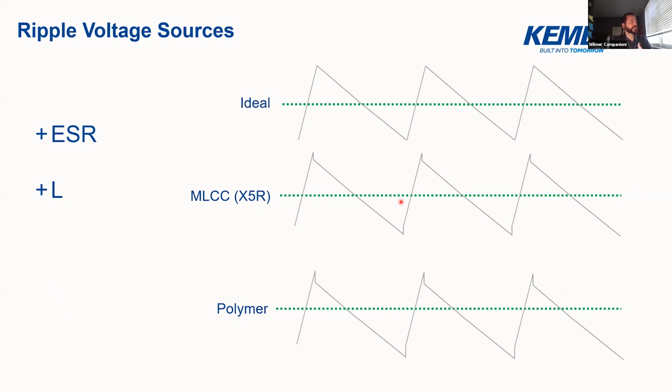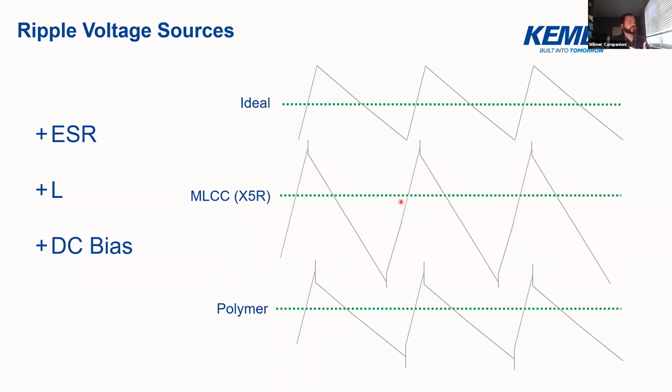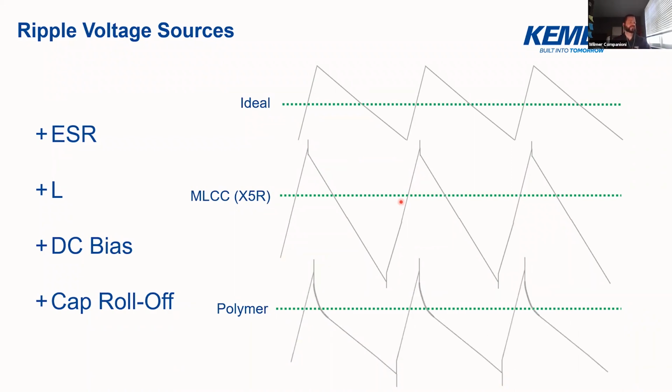And as we start to take into account more effects, such as the effective series inductance, the DC bias effect that comes into play with class 2 ceramic capacitors, and finally, the so-called cap roll-off related with polymer capacitors, these parasitic effects of the capacitor choice have a large impact on the output ripple voltage. These are some of the things to consider when trying to select an output capacitor.